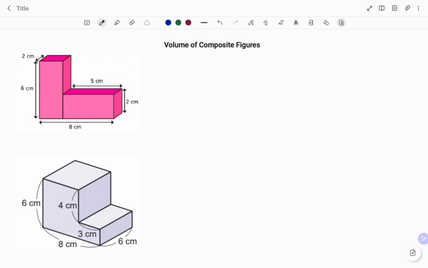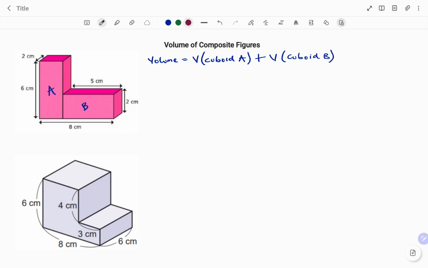If I tag the first cuboid A and the second one B, to find the volume, I have volume equals the volume of the first cuboid added to the volume of the second cuboid.